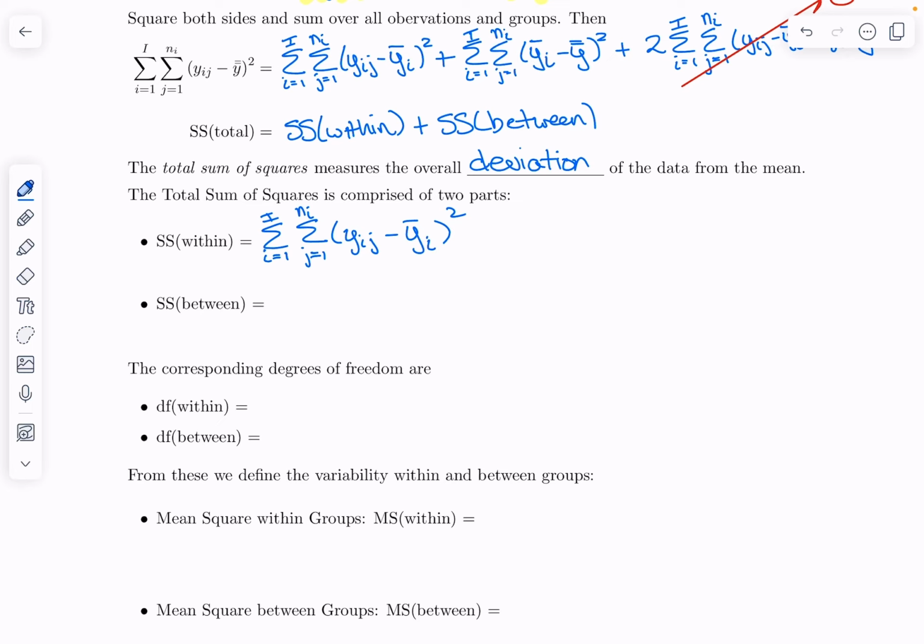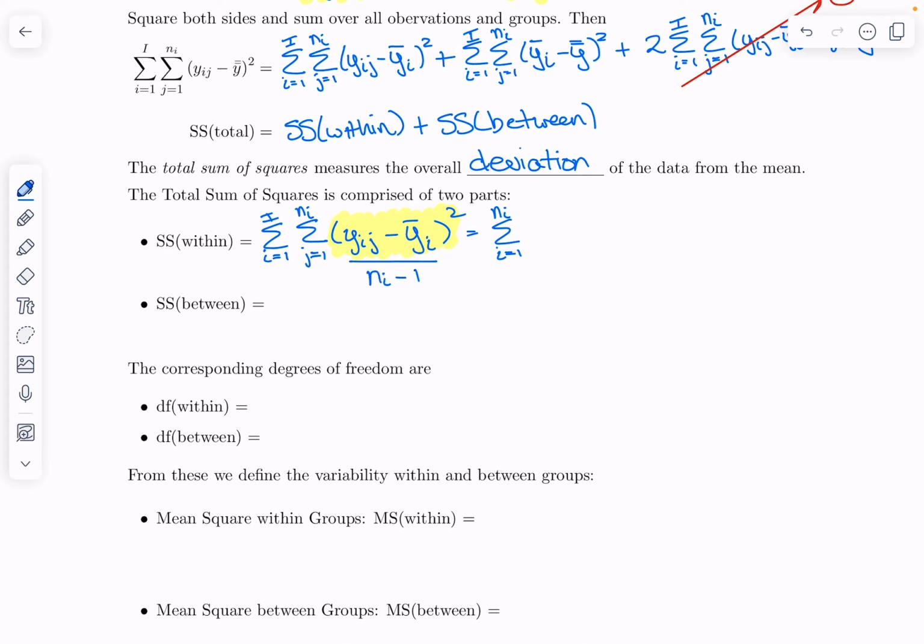Now it turns out we can rewrite this as just the sum over the groups, and then we can recognize that what's on the inside here looks like a variance. We took the data point, subtracted the mean, and squared it. The only thing that seems to be missing is if I had divided by n minus 1.